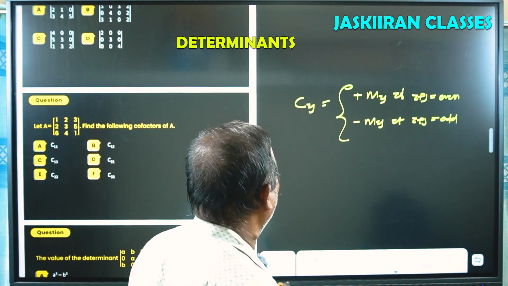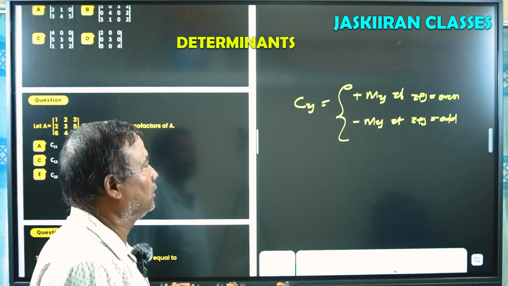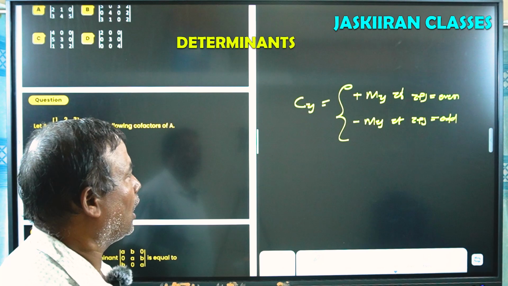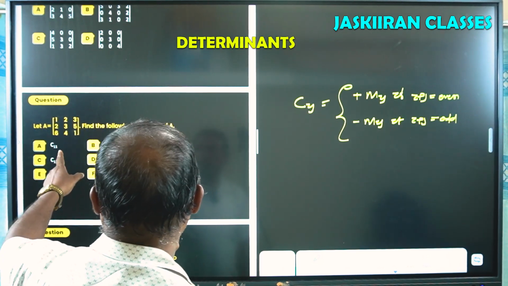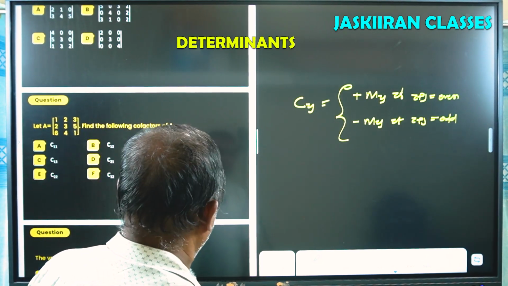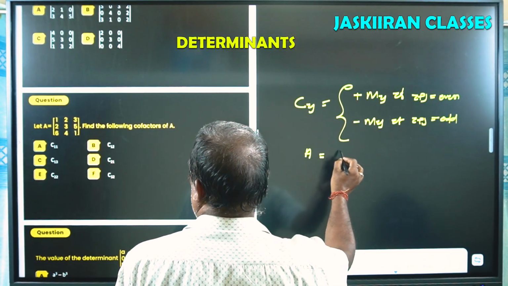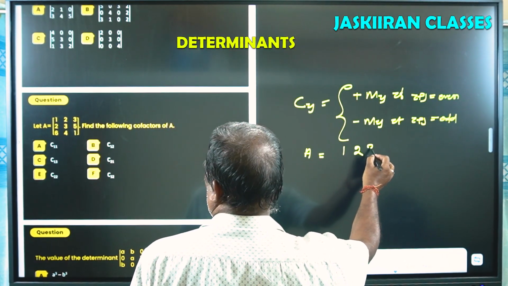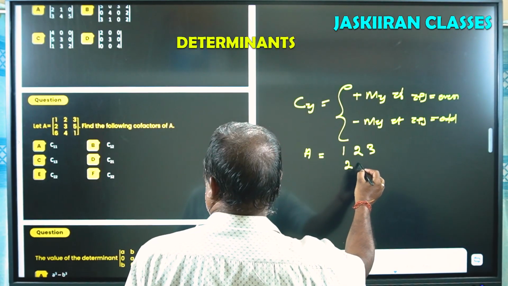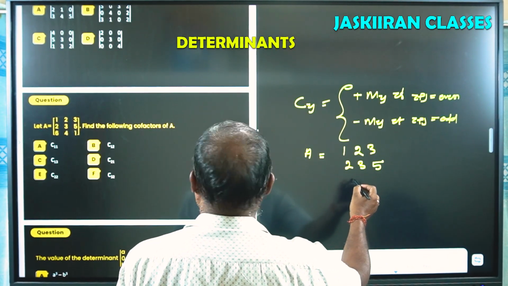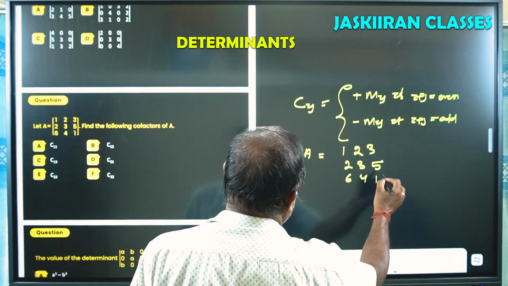That is the formula for cofactors. Now, using this formula, how do we find the cofactors of the determinant A equal to 1, 2, 3, 2, 3, 8, 6, 4, 5?